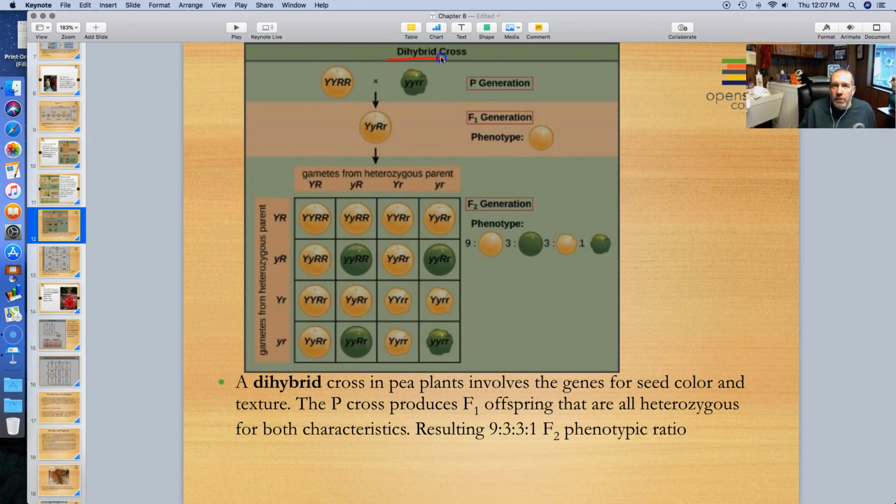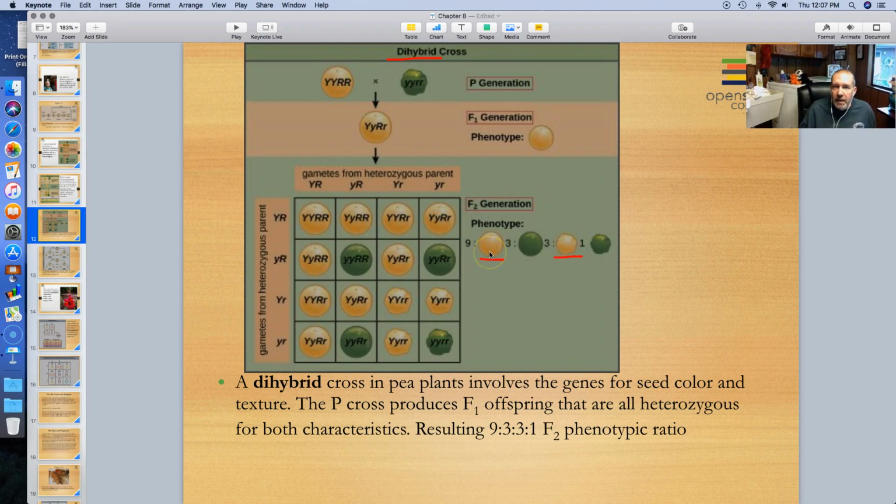And in this case, when we're doing a dihybrid cross, our offspring have 4 possible phenotypes, right? They can be yellow, which we know is dominant. And so we've got two possible combinations for yellow-looking phenotypes. And then we also know the other option can be green or a wrinkled texture.